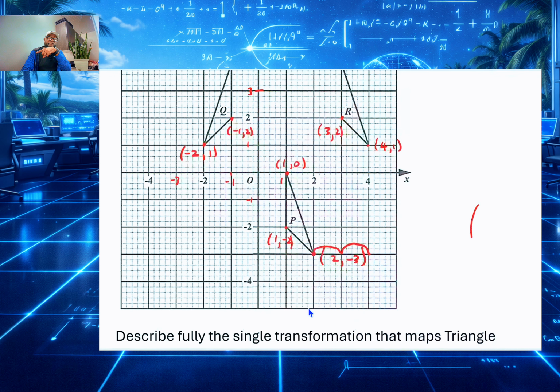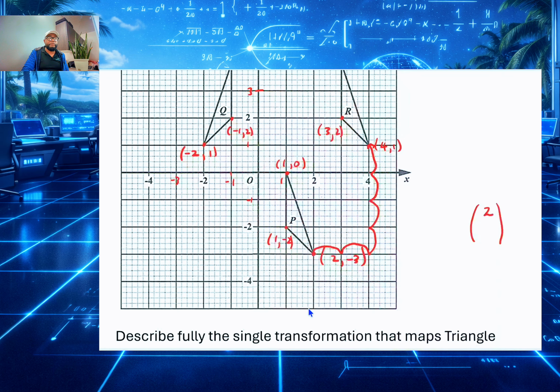Okay? So we're going to form a vector now. That would be 2 to the right. Now, if it went to the left, it would have been -2. But it went 2 to the right, so it's +2. Then, up or down. If you go up, it's positive. If you go down, it's negative. So how many times did we go up to reach the same corresponding point here? 1, 2, 3, 4.